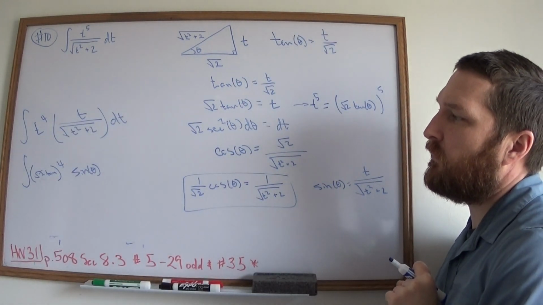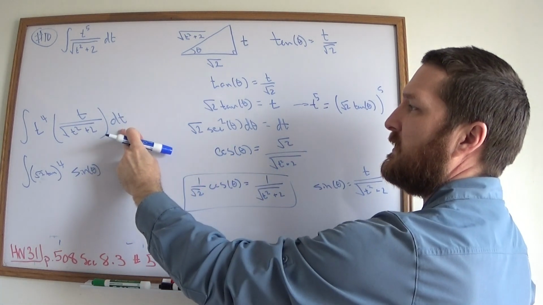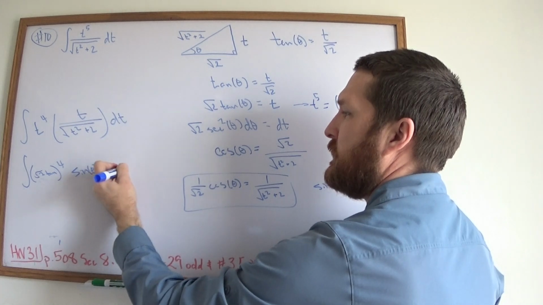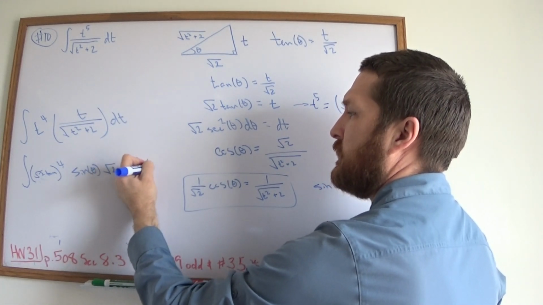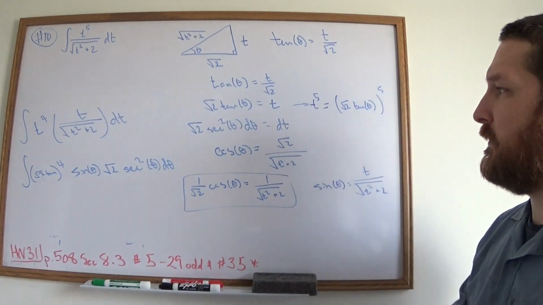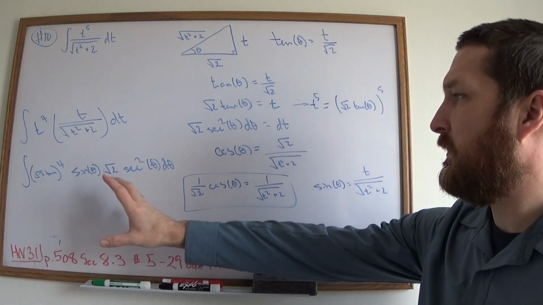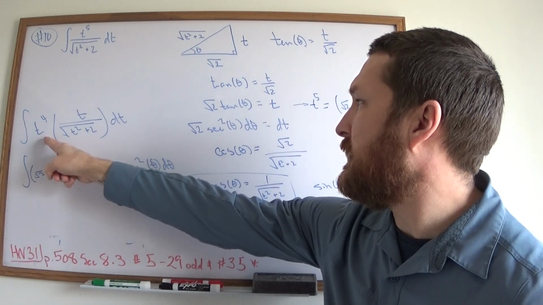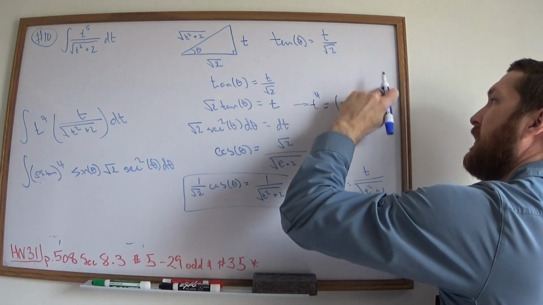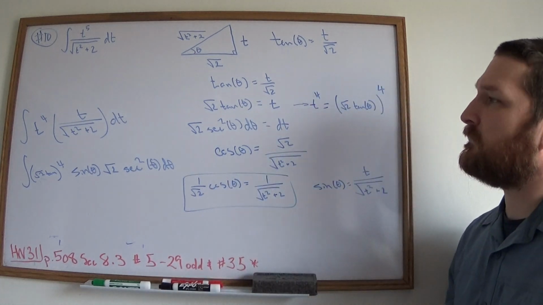Okay? So we're not done. We need the dt. The dt was this stuff. So root 2 secant squared theta d theta. Okay, so let's just double check here. We had t to the 4th was that right there.